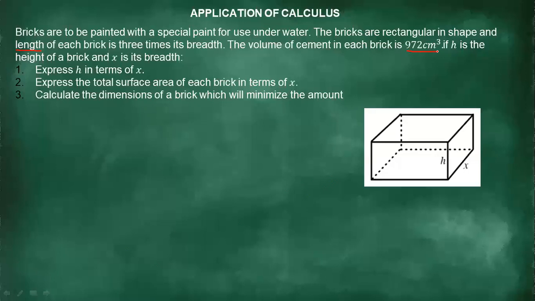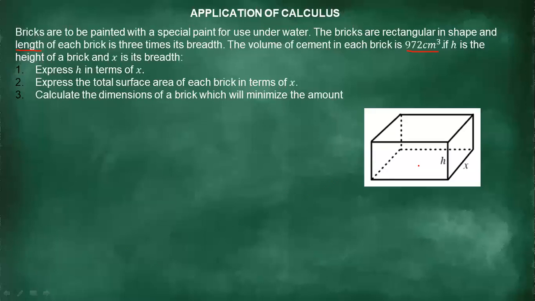You write the volume of this shape that we have. In this case, you can see we're having a rectangular shape or a box. The first thing that we have to do all the time, you start with what you are having from the scenario, and from this scenario we are having the volume, which is 972 centimeter cubed. Then we have to start writing that formula first.